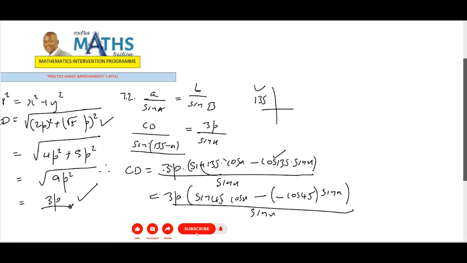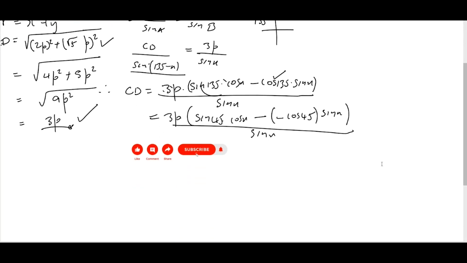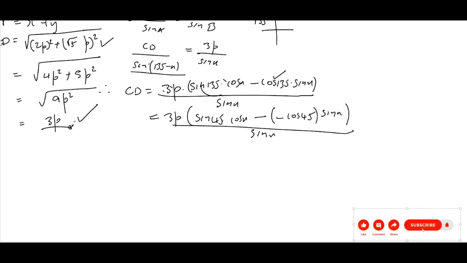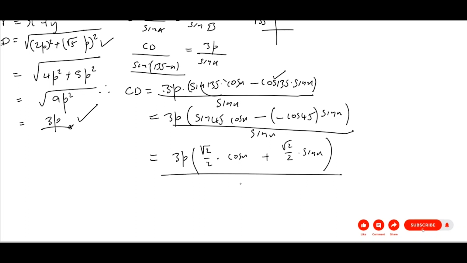Okay, we are about to finish the question. What does this tell us? It tells us that our CD would be equal to 3p times sine 45, which is root 2 over 2, cos x plus root 2 over 2 again, sine x, all over sine x.